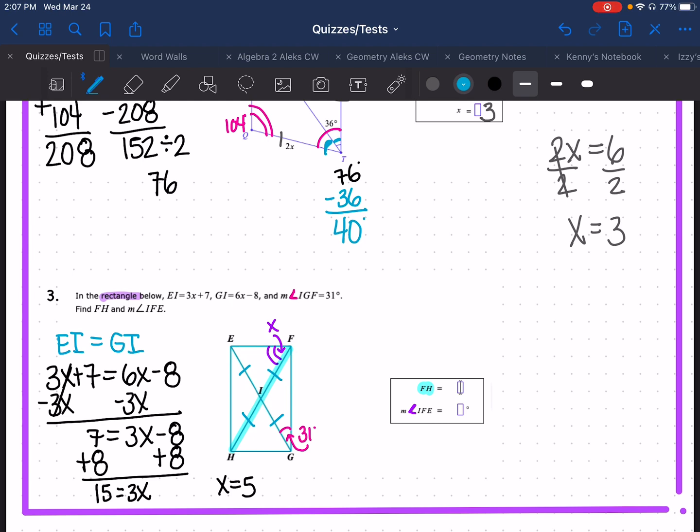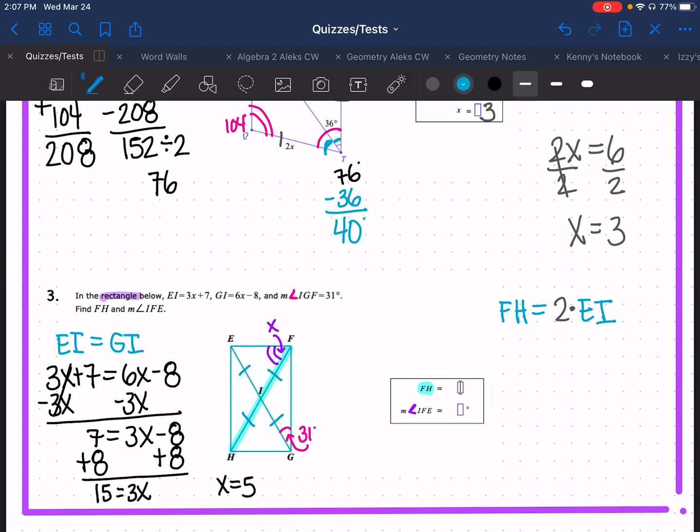To find FH, I'm going to multiply EI by 2, because 2 of these is going to give me a whole, which gives me the same here. This is equal to this times itself, because this part is the same as this part.